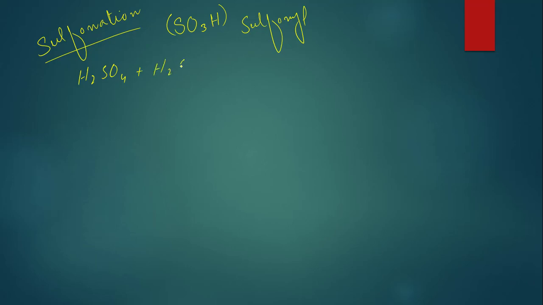Of course, it is not ordinary sulfuric acid, and we will get one of our electrophiles, SO3. And we will get our HSO4 negative, just like our previous mechanism, and we will get H3O positive, the hydronium ion.